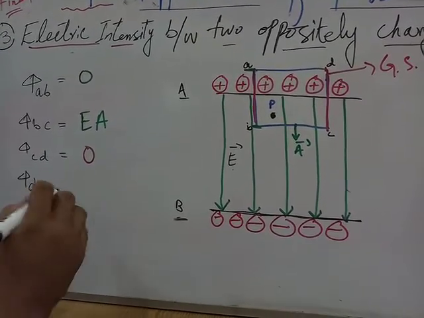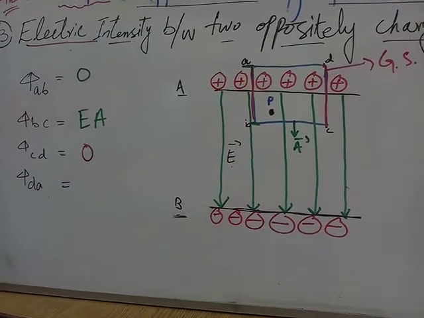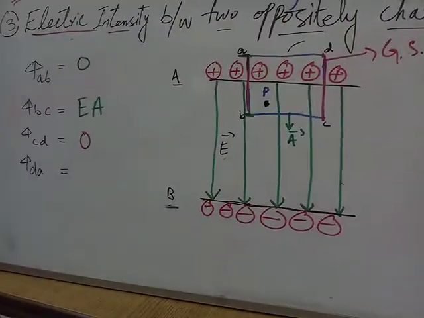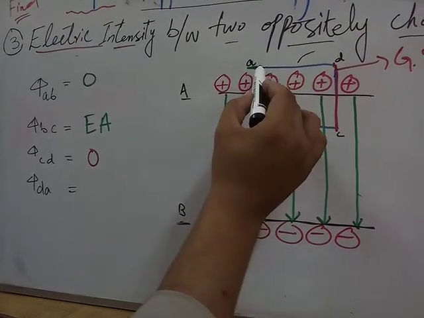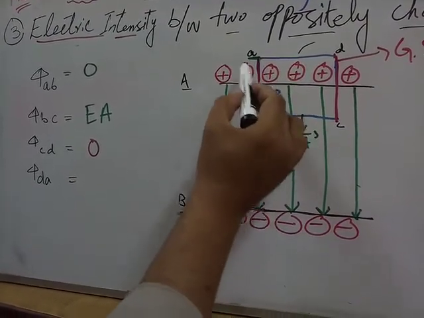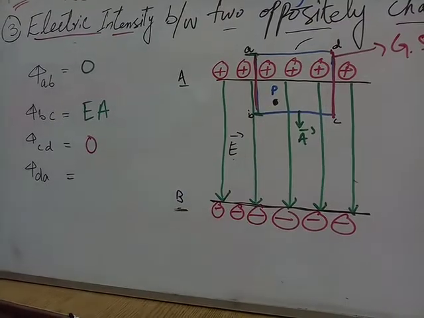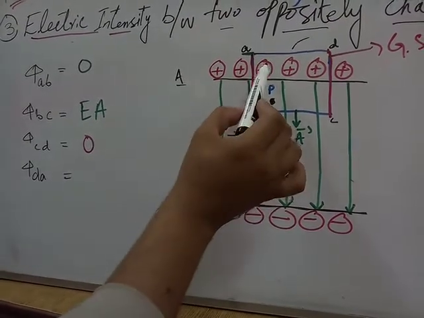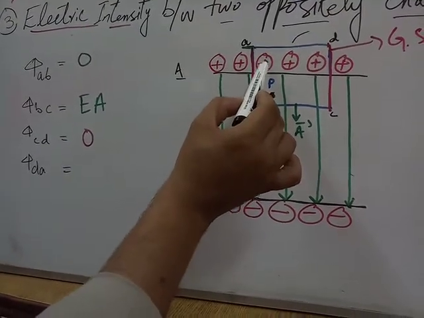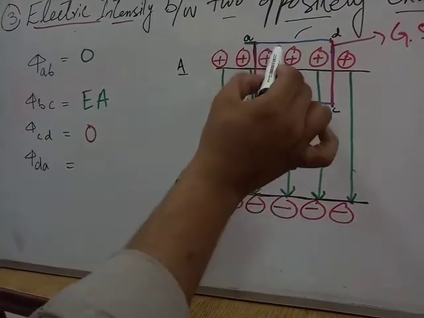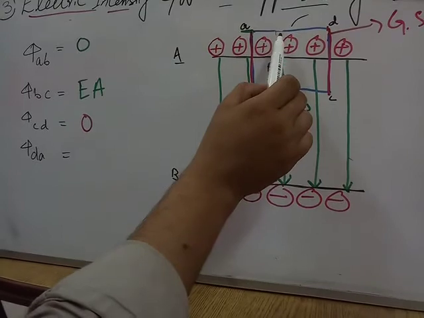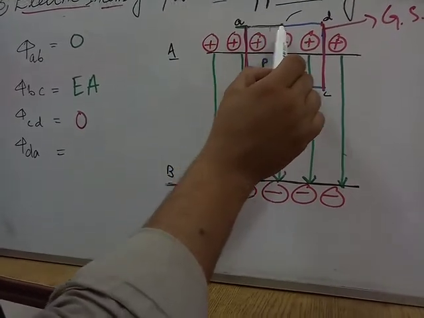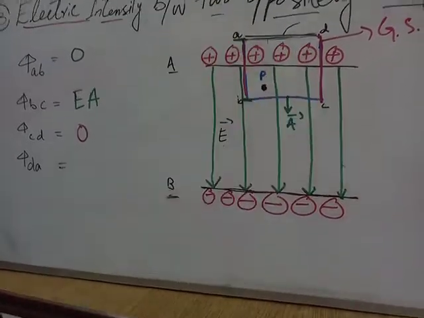Now I am going to write the flux for this surface. You can see this surface is outside the point charges, and these lines go radially towards the negative, not in that direction. It means no field lines cross this surface AD.